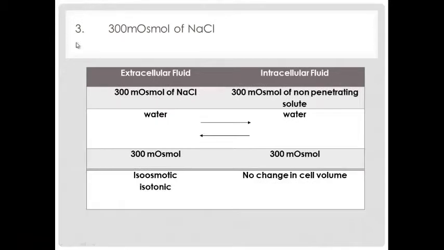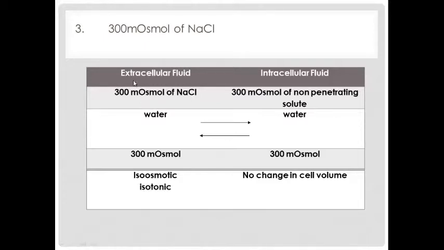In test tube 3, in the extracellular fluid we have 300 mmol of NaCl, and the intracellular fluid has 300 mmol of non-penetrating solute, where NaCl is a non-penetrating solute. The total osmolality is 300 mmol in the extracellular fluid, equal to the total osmolality of the intracellular fluid, so this is isosmotic.